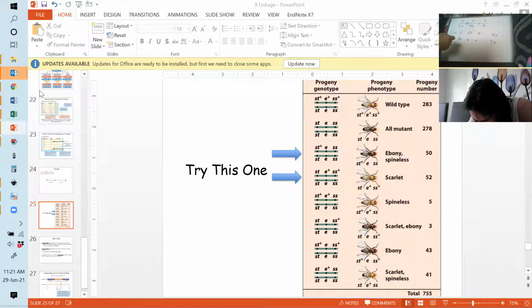That's why they go into the calculations. Those will be plus SS plus and ST plus E. One of them, plus SS minus, is 5, and the other one is 3.